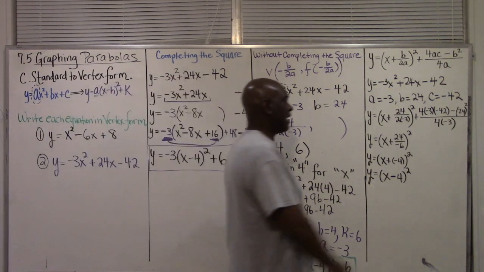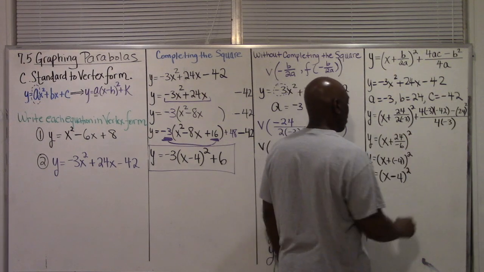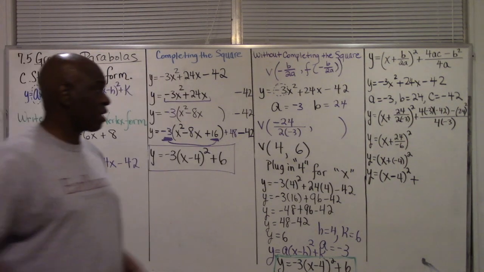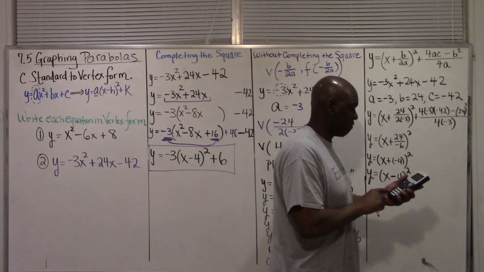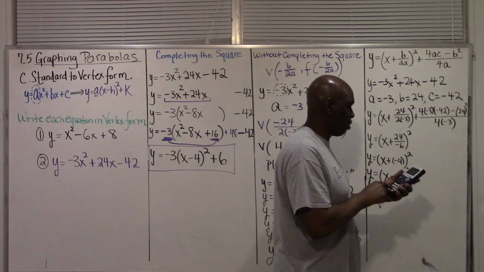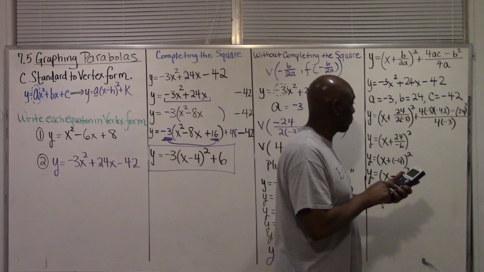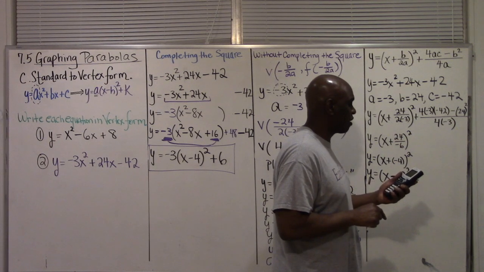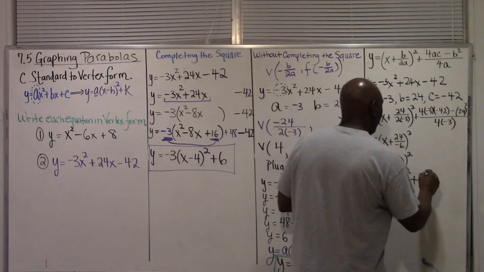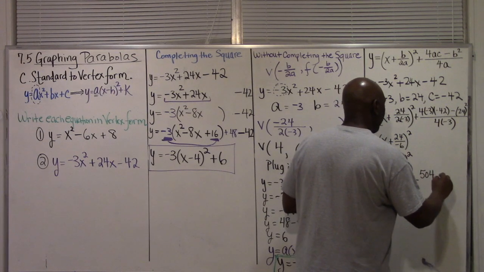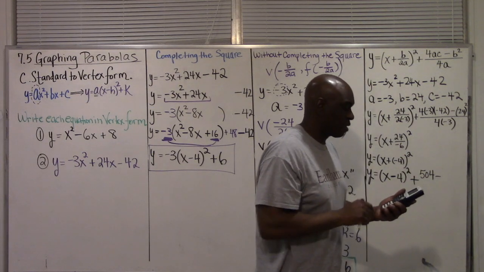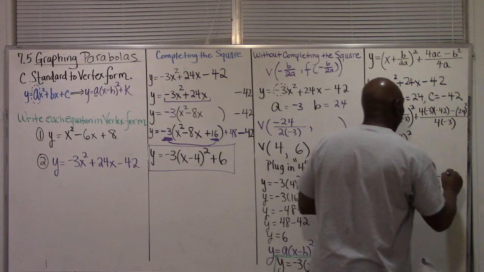Okay. Now, be careful on all of this stuff. All right, plus. Here we go. Where's my calculator? Let's see here. I have 4 times negative 3 times negative 42. That's going to give me a positive 504. 504 minus 24 squared. 24 squared is 576.